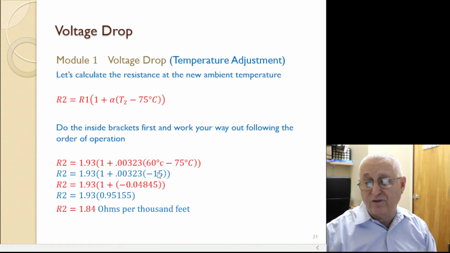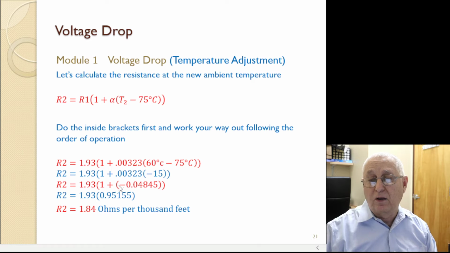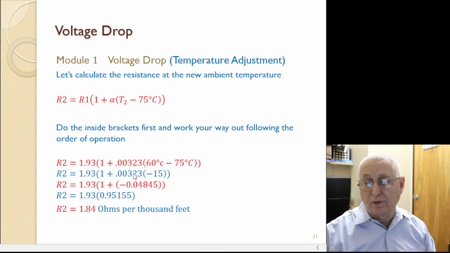Once you have a number in your calculator, leave it there. We have this negative 15, order of operations, multiplication before addition or subtraction. So we're going to multiply that negative 15, which is in your calculator, by 0.00323. And we're going to get a value in the parentheses of negative 0.04845. That's when we multiply this.